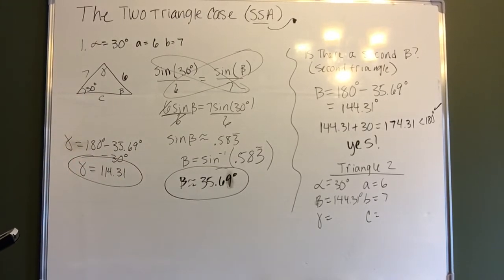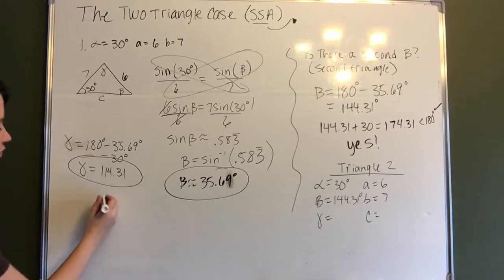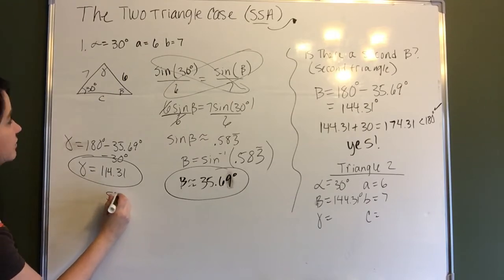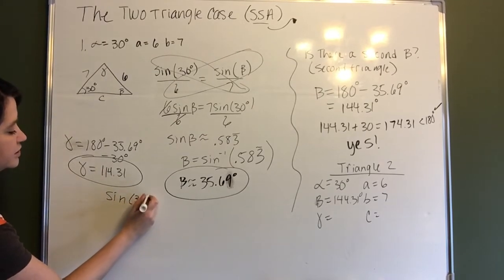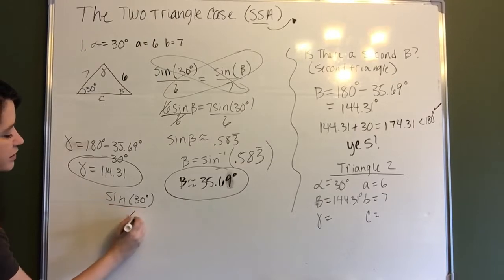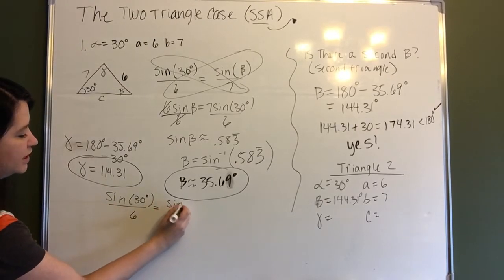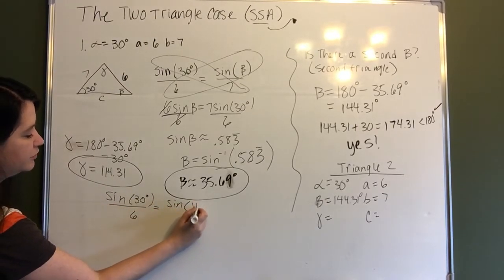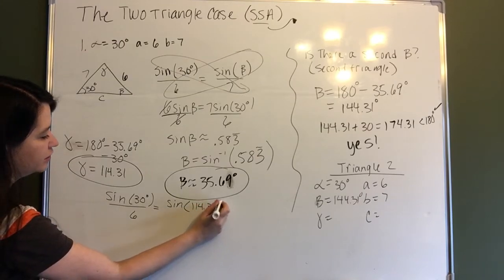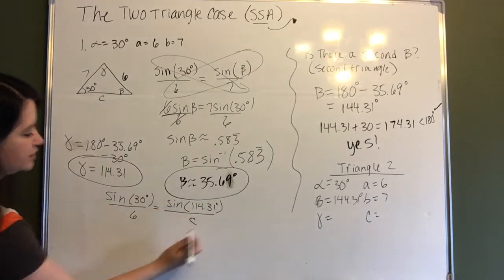Okay? So now we're gonna find C. We're gonna use law of sines again. So I'm gonna say sine of 30 degrees divided by 6 has to equal sine of 114.31 divided by C.